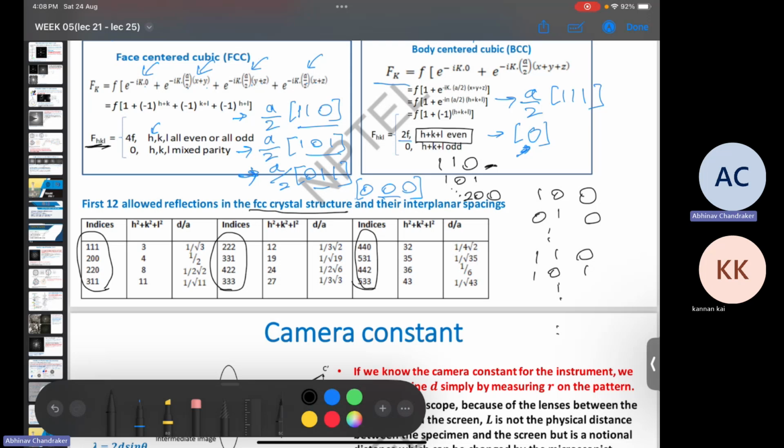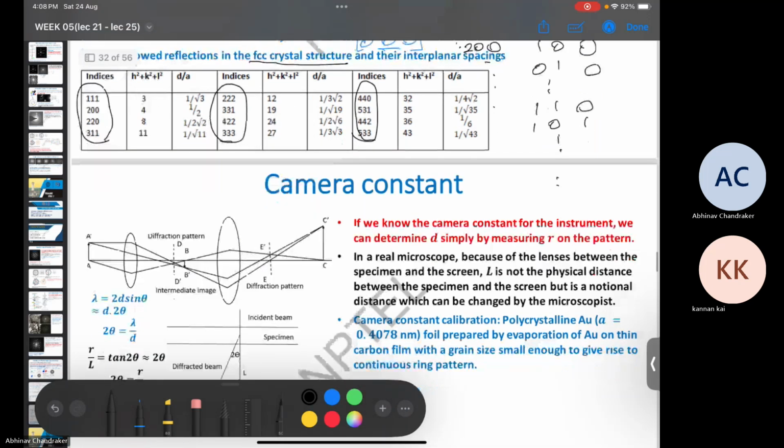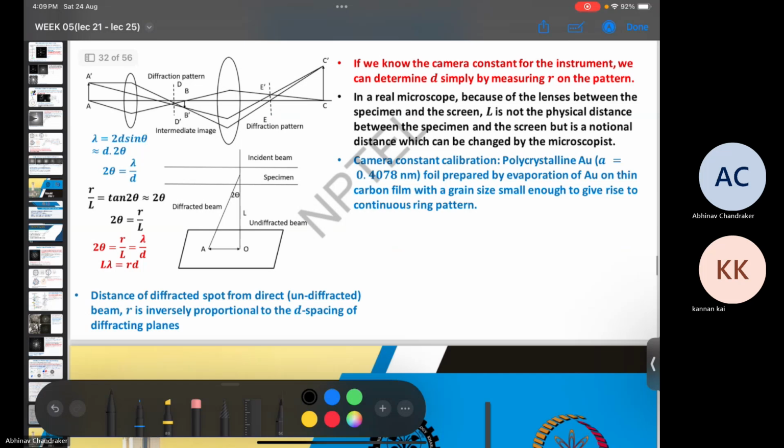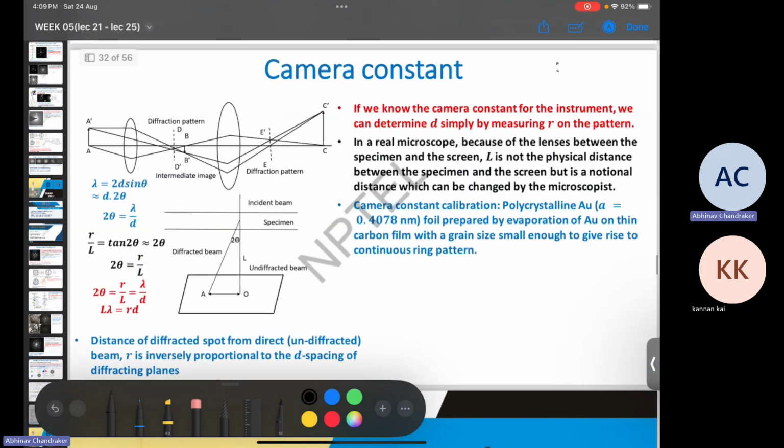So the set of diffraction spots for BCC will be different, and we can calculate d by a for these planes, and from this we can get the spacing between the spots which we'll see, or the distance of the spots from the direct beam in the diffraction pattern.